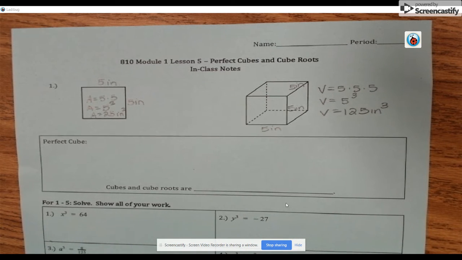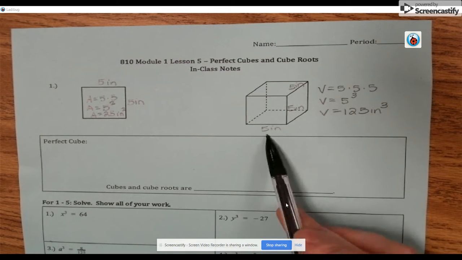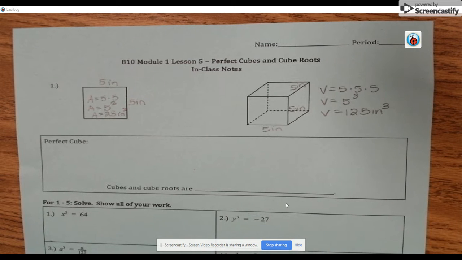Okay, so it's a really similar idea. If we think back to the definition for a perfect square, we said it was the product of a number multiplied by itself twice. So this is going to be a very similar definition, except instead of only twice, now we have a cube. There are 3 dimensions, so a perfect cube is the product of a number multiplied by itself 3 times.